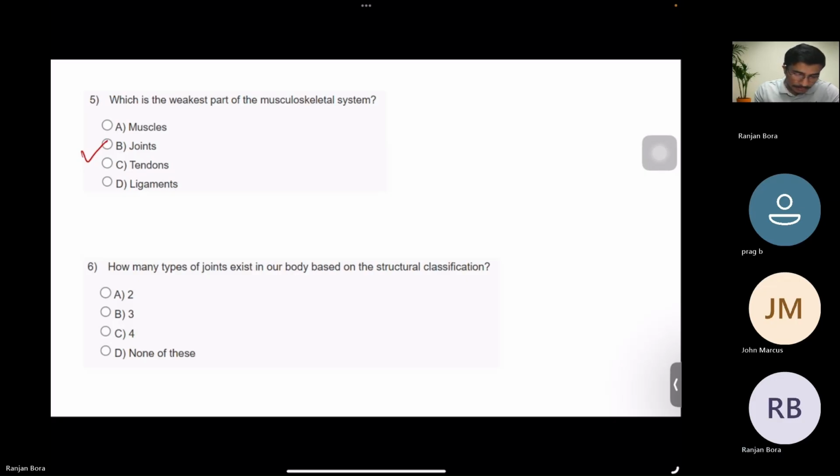Yeah, three types of joints exist. What are those? Based on the structural classification, there is the synovial joint, then the fibrous joint, and the cartilaginous joint. Three types.